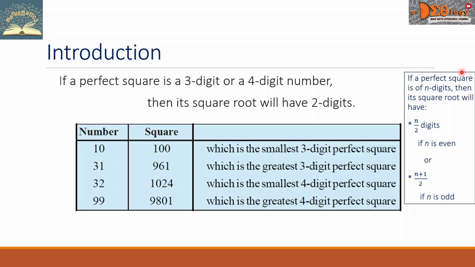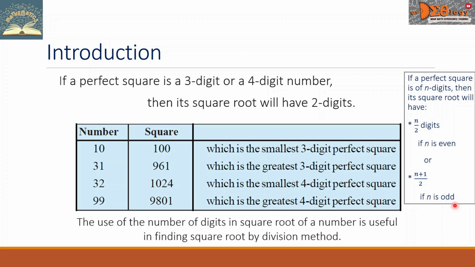If a perfect square is of n digits, then each square root will have n over 2 digits if n is even, or n plus 1 over 2 if n is odd. The use of the number of digits in square root of a number is useful in finding square root by division.